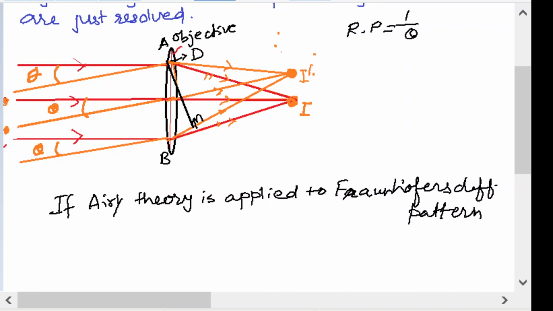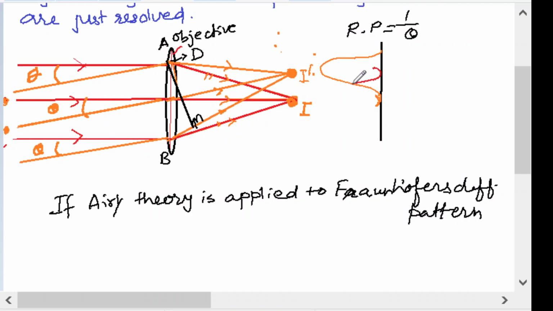So let us consider here, this is the first maximum intensity we are showing here, due to the second source, and this is the minimum intensity of it, and on that minimum intensity we are now getting the maximum of the other.